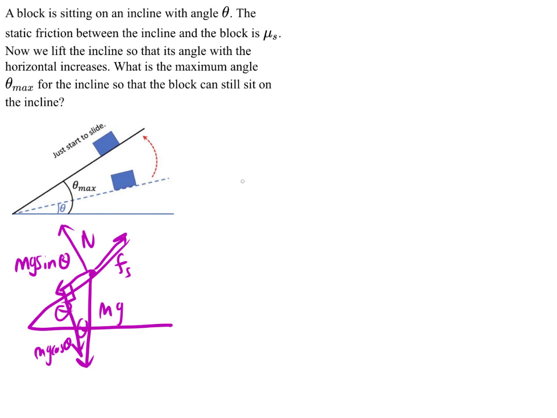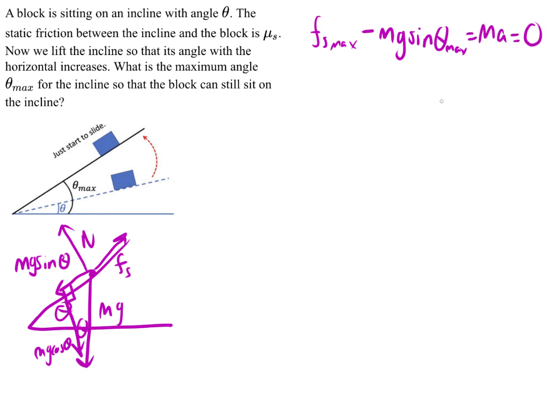We can start writing out equations. We can say that the force of static friction, which I'm going to call max since it is the maximum possible static friction that we're dealing with, minus the component of gravity parallel to the inclined surface, mg sine theta, where theta is the maximum possible angle, equals the mass times acceleration, which is 0.